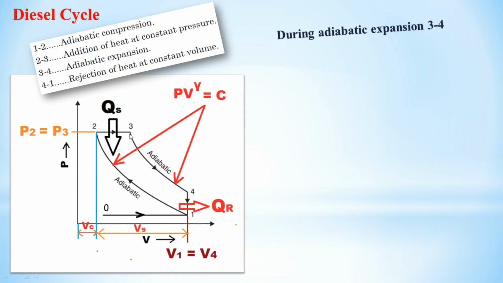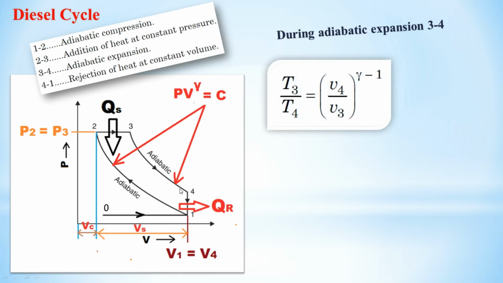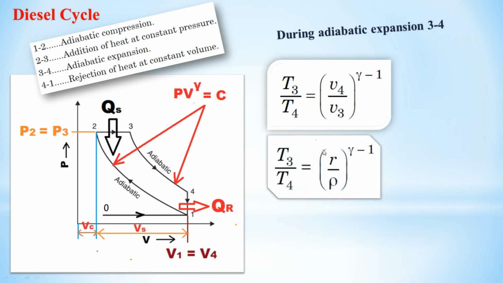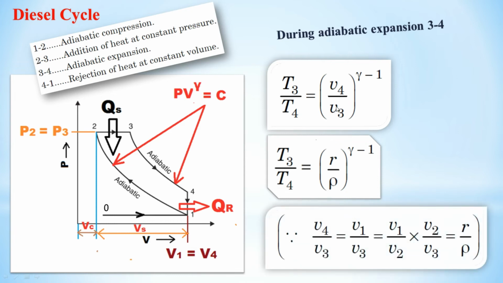Now for process 3 to 4, it is the adiabatic expansion process. Here we apply the relationship between temperature and volume: T3 by T4 equals V4 by V3 raised to gamma minus 1. But we know that V4 equals V1.